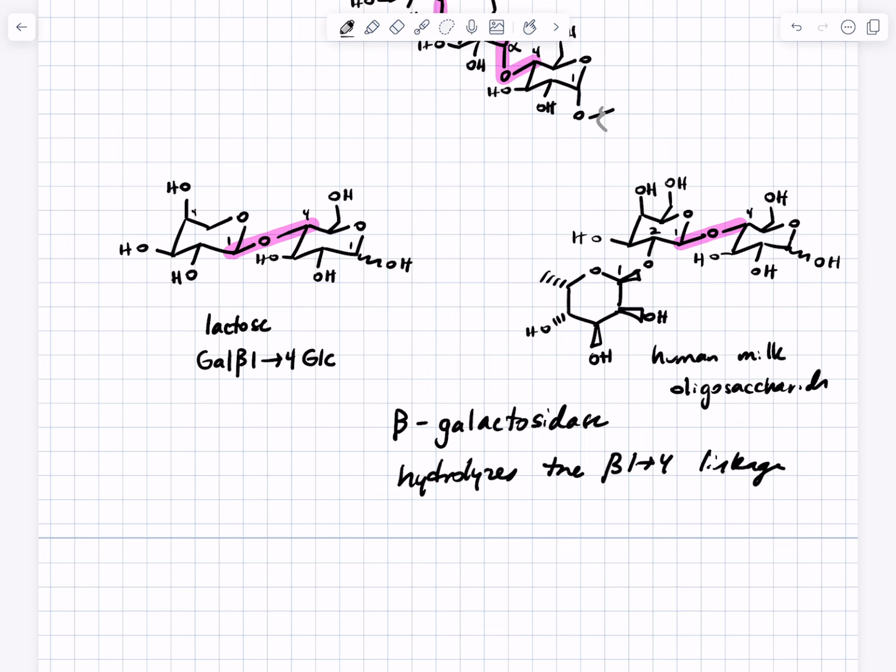Challenge is, if you don't have beta-galactosidase, butter, milk, and cheese are going to make you feel sick. So people that had migrated into Europe over time, a mutation developed that allowed expression of beta-galactosidase in adults.